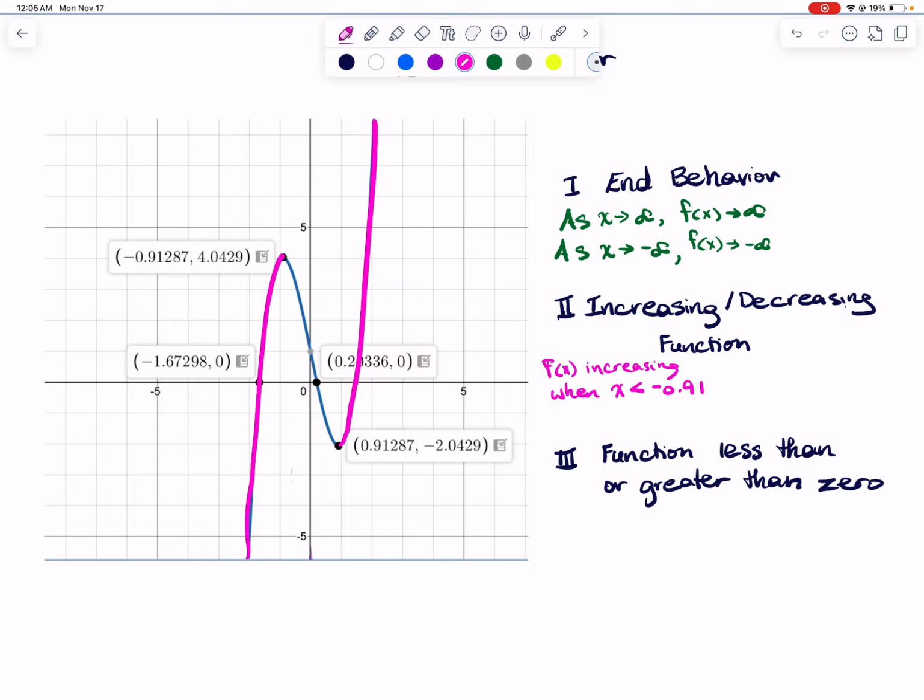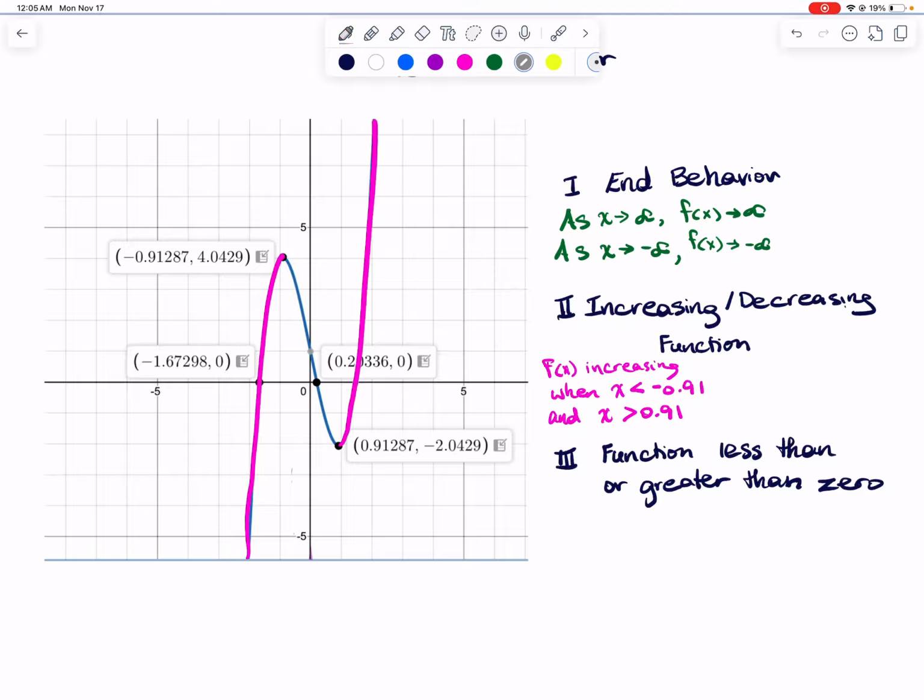It's also increasing to the right of that point. So it's increasing here. And so we would write, and when x is greater than 0.91. So those are the two areas of our graph where our function is increasing.